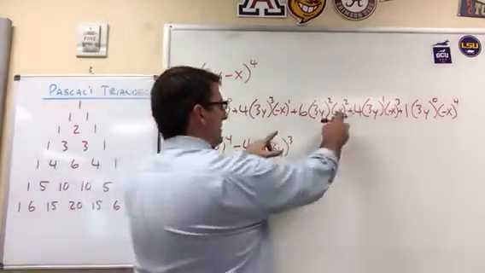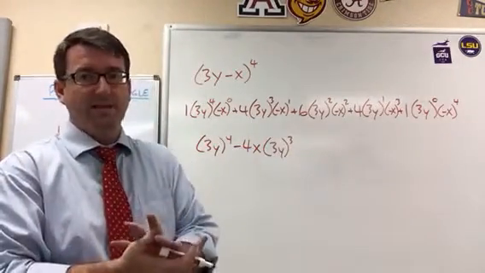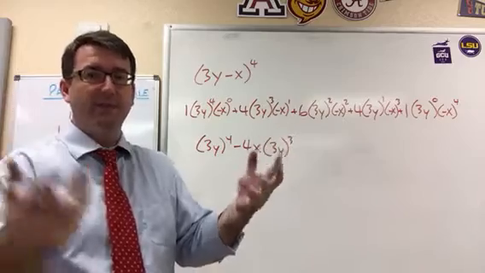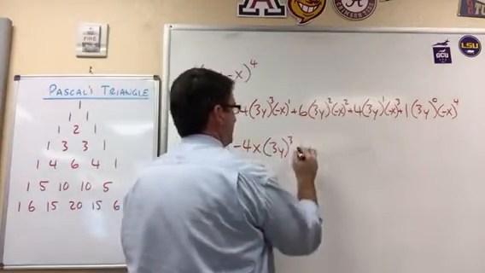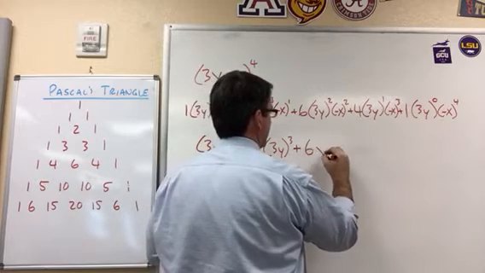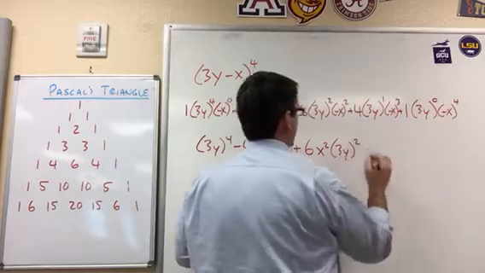Next we have negative x squared, which is positive x squared, because a negative times a negative is a positive. And so we're going to have x squared times 6. So this is positive 6x^2, and then times (3y)^2.